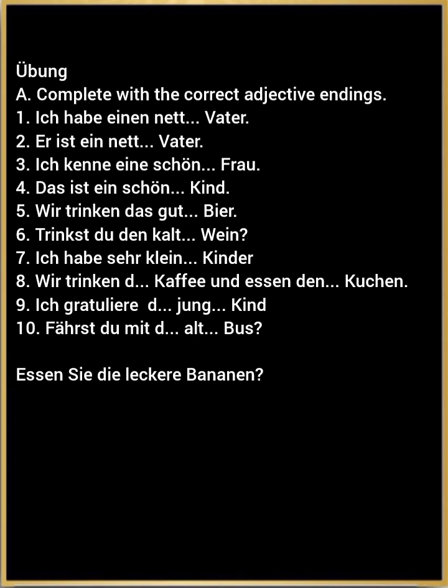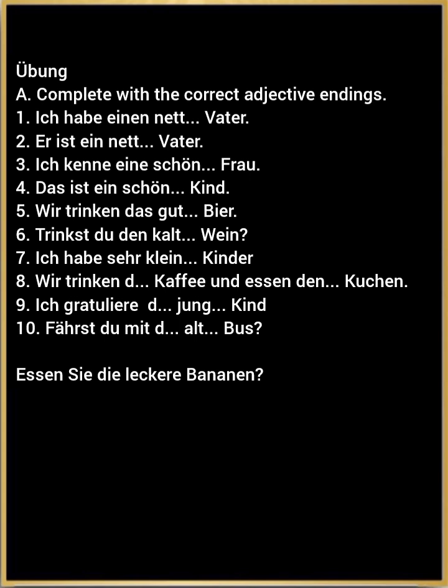So ein schönes Kind. Ein schönes Kind. Number 5, wir trinken das. Remember after der, die, das, we add e. Das gute Bier. Wir trinken das gute Bier. Because we were told after der, die, das, we simply add e.